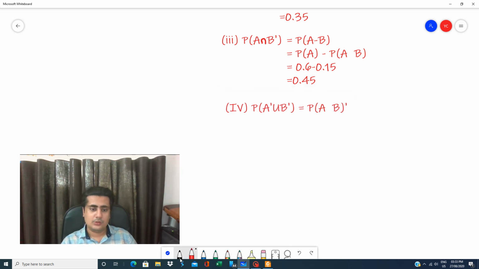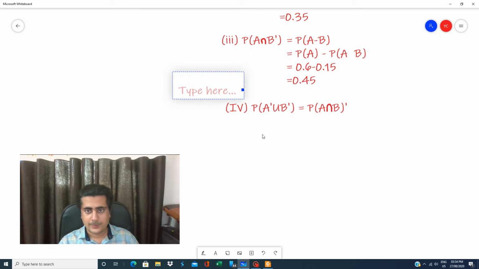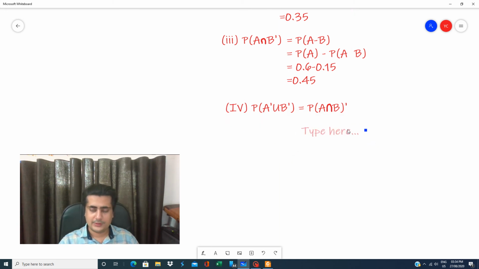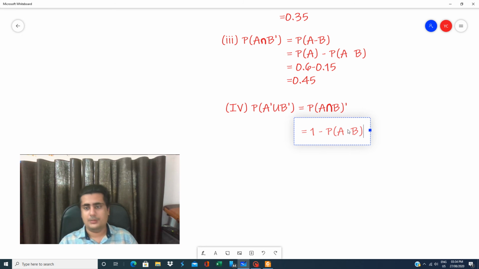If outside there is a union, then we will be keeping the intersection. Now, if I want to solve this, P of A intersection B dash is very simple. It is 1 minus P of A intersection B. So you got my point about what we have done.